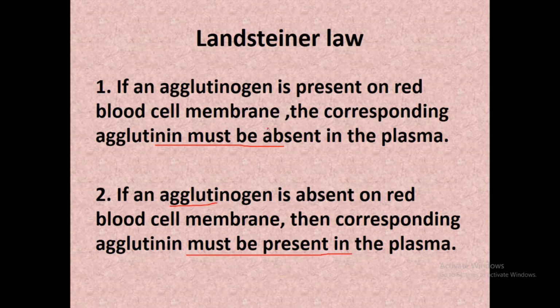What does it mean? If agglutinogen is present on the red blood cell membrane, for example, agglutinogen A is present on the surface of RBC, the corresponding agglutinin must be absent in the plasma.